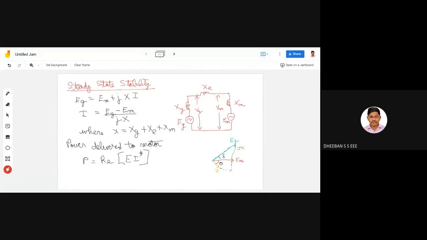So based upon this, how can you define the steady state stability? Steady state stability entirely involves the power delivery to your motor. How much power is delivered to the motor is the primary factor you have to consider.